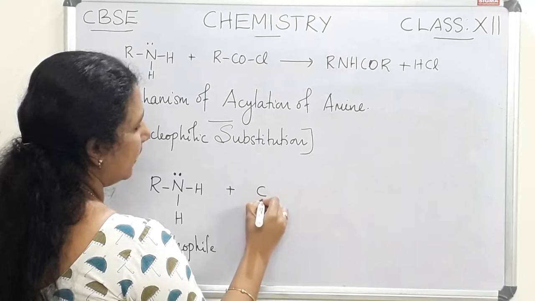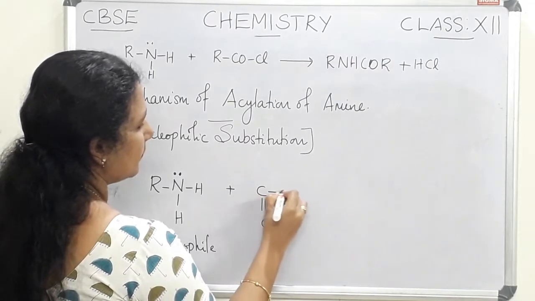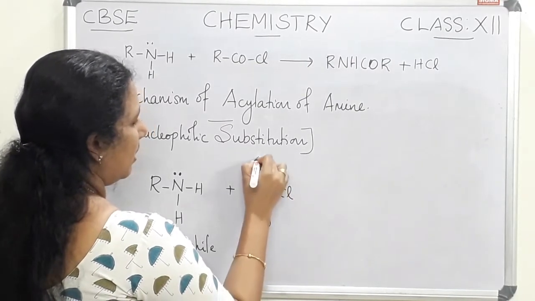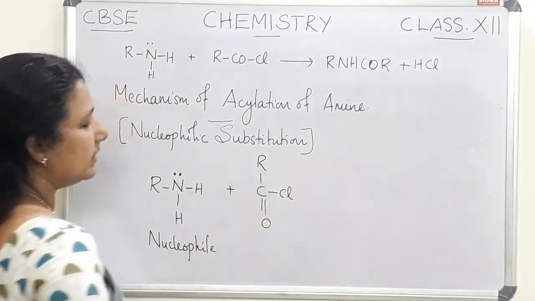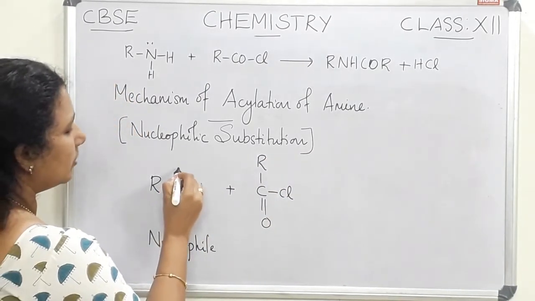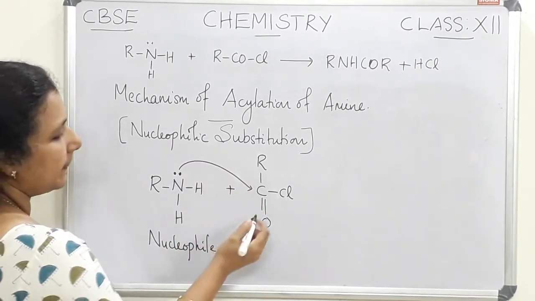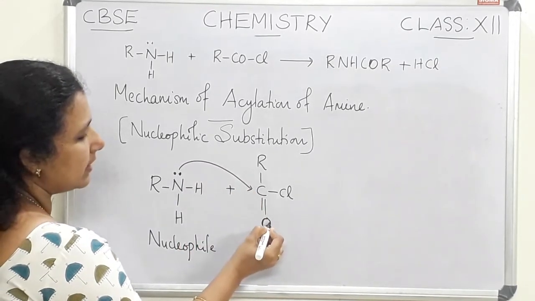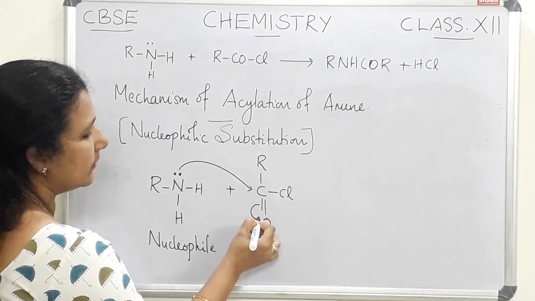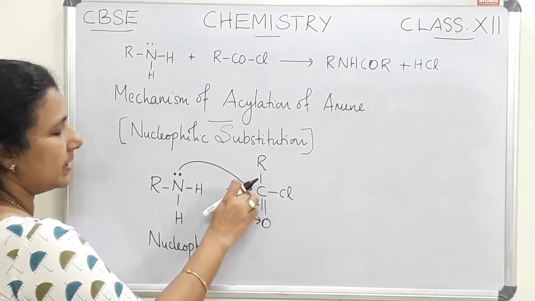Here we can write acyl chloride in this way, and these electron pairs are donated to this carbon atom. Since this oxygen is electronegative, these electrons are shifted towards it, and there is a deficiency here.